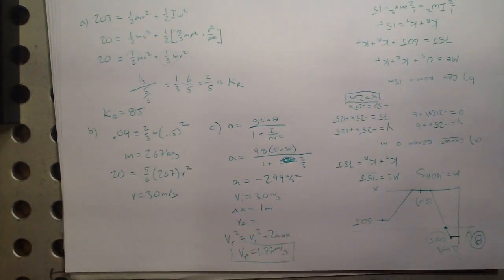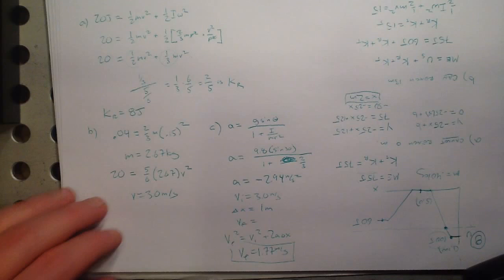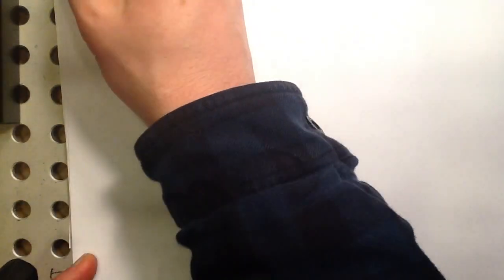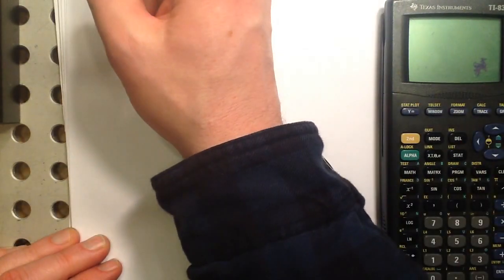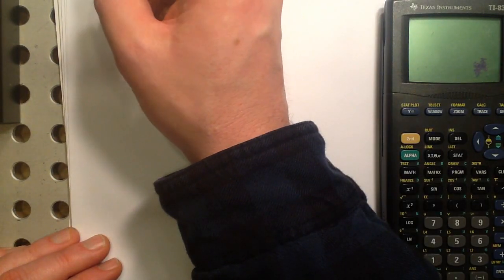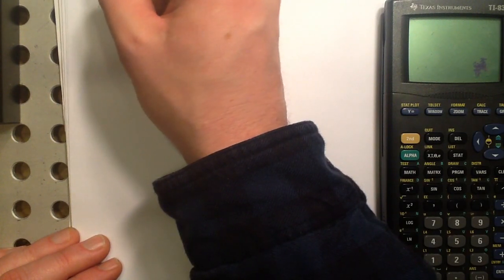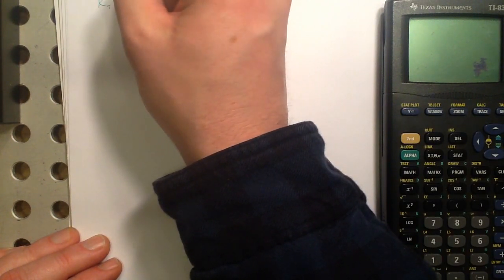So that's one way to do C. The other way to do C, I'm running out of room here, so sorry about that, I'm going to have to switch to a new sheet. So here's the alternate solution for C using energy. If we take its starting point to be the zero height, the energy before is a combination of kinetic and rotational energy.